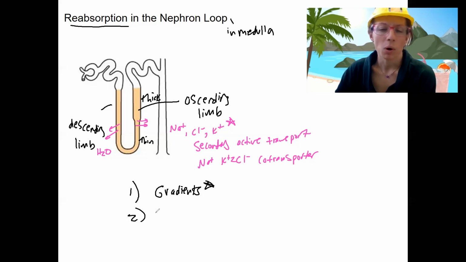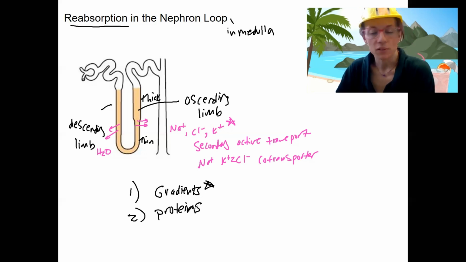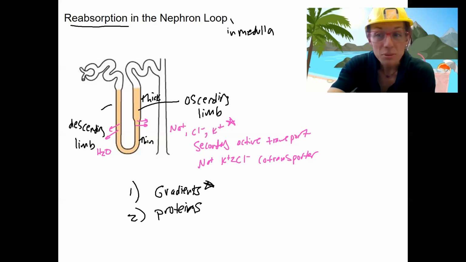And number 2, what proteins are there? So especially if you don't have a gradient, you need a protein to pump. But even for other ions, sodium can't move through the cell membrane without a protein. So these are the 2 things we're going to look at everywhere in the body, but especially here at the nephron loop.